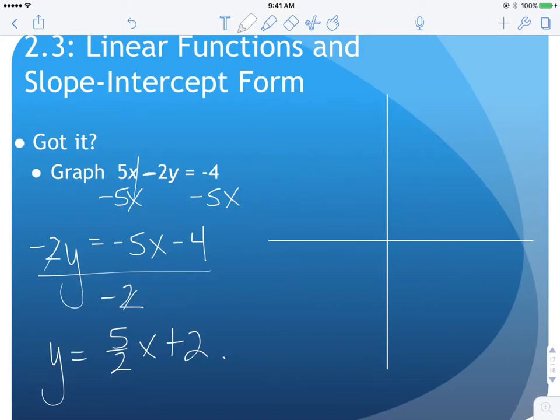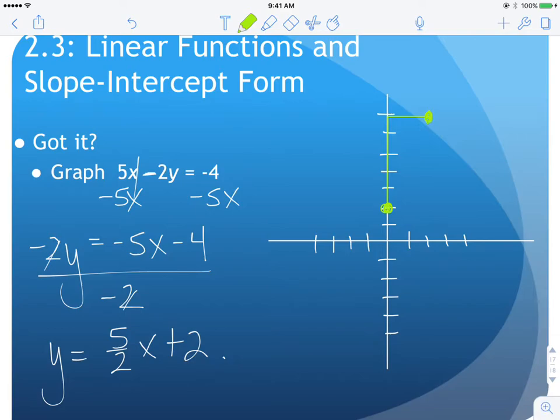So for this graph, I'm going to begin at 2 on the y-axis. So our y-intercept here is 2. I'm also then going to use my slope, 5/2, to rise 5, 1, 2, 3, 4, 5, and then run 2.